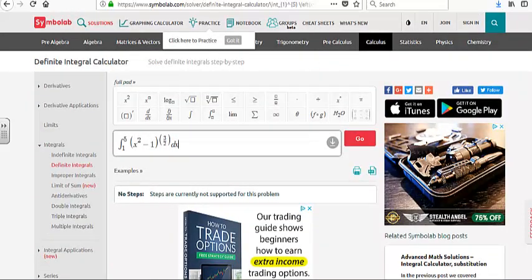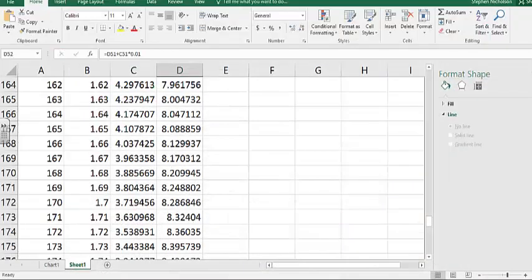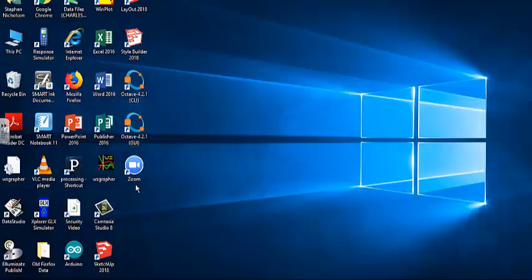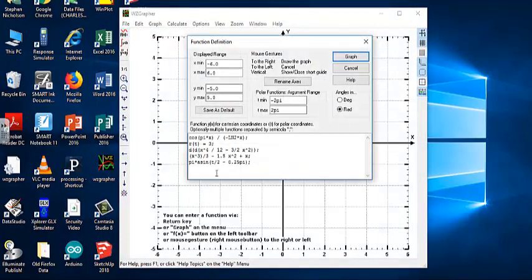Another way, we could plot this function and then just estimate whether this number makes sense or not. So let's do that instead. So it says 138.6. So we're going to get the grapher program here, and we're going to plot the function.